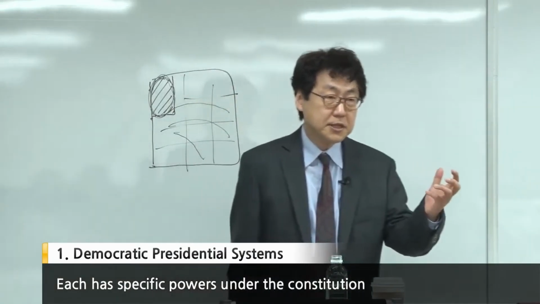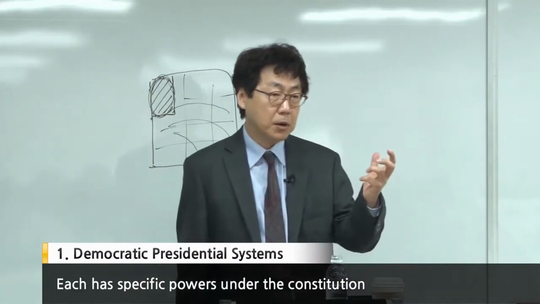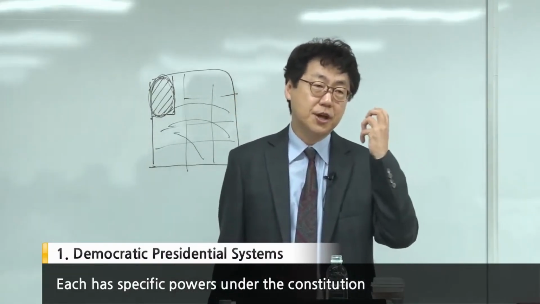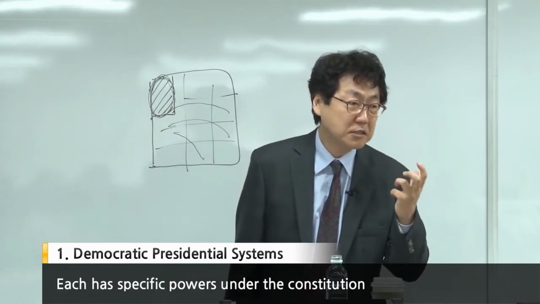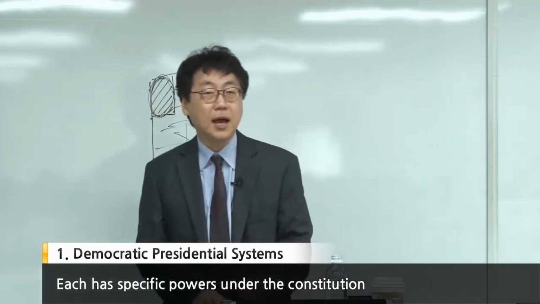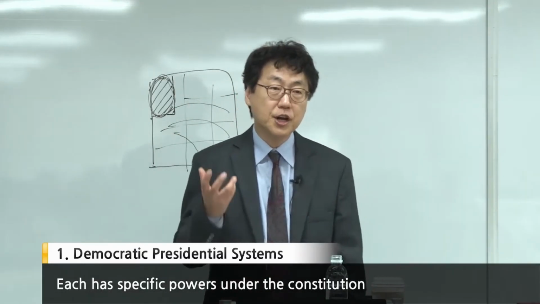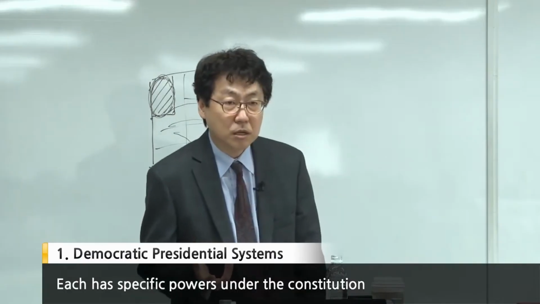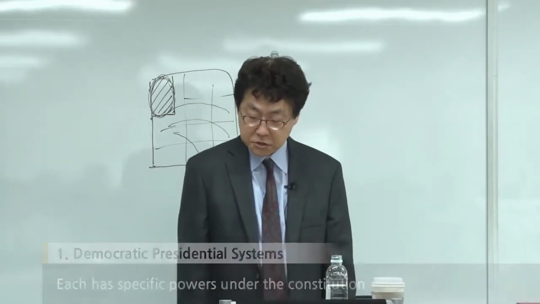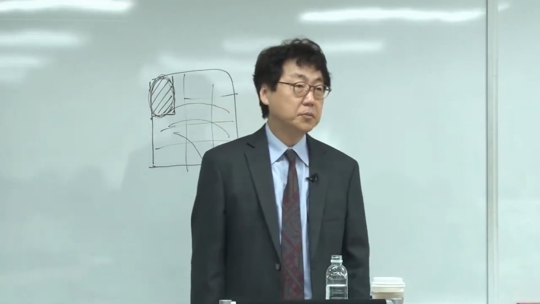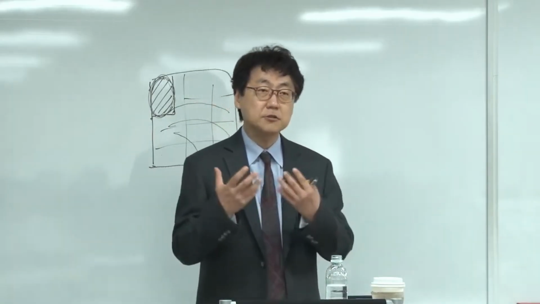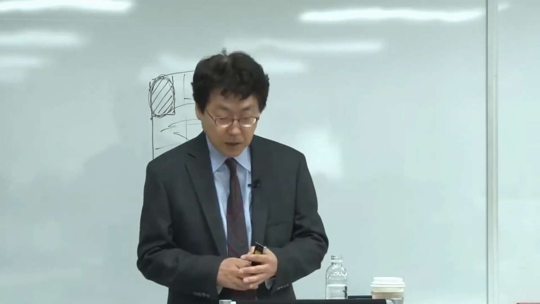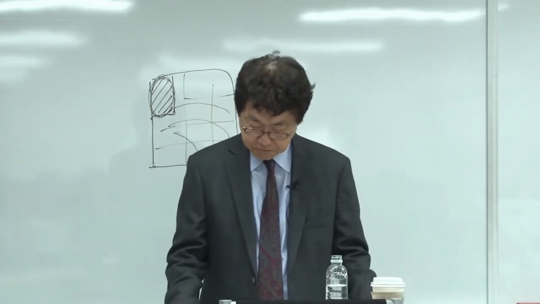So the executive branch has a specific power to make certain decisions, and the legislature has specific power to make certain decisions. Simply put, the legislative branch and executive branch are sort of separate in a presidential system.